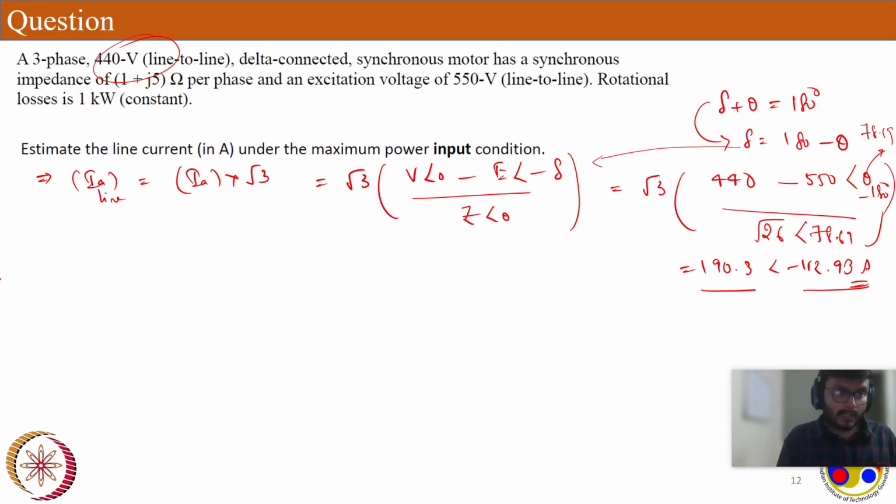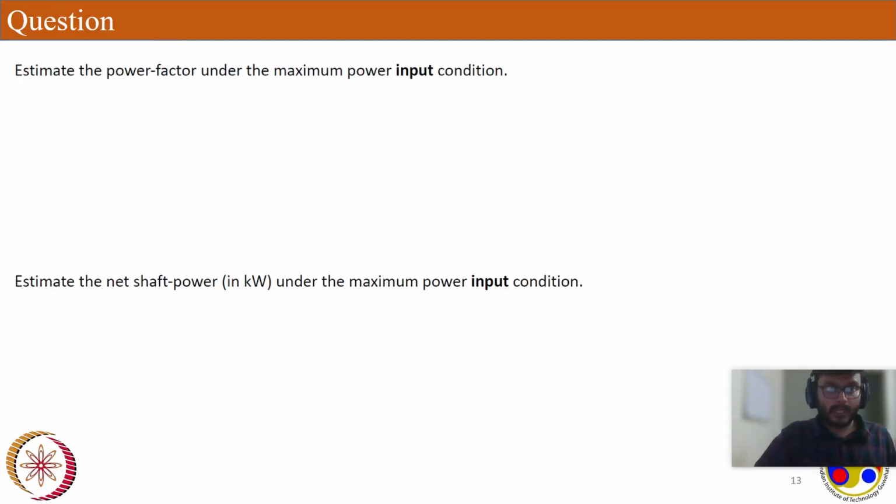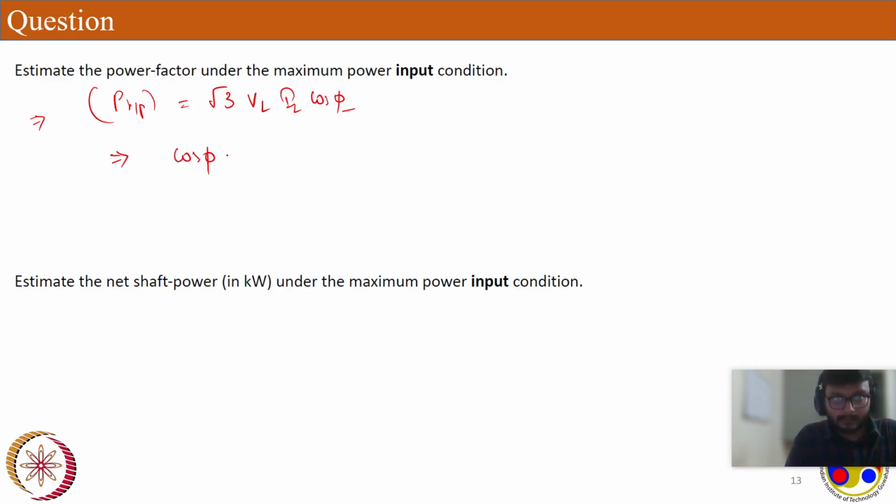Okay, this is the line current. So the next question is to estimate the power factor. We know that P input is equal to root 3 VL IL cos phi, where phi is the power factor angle. If you want to calculate cos phi, it equals P input max divided by root 3 VL IL.